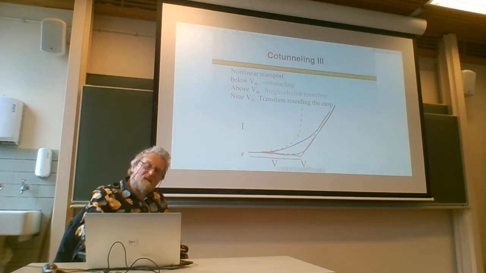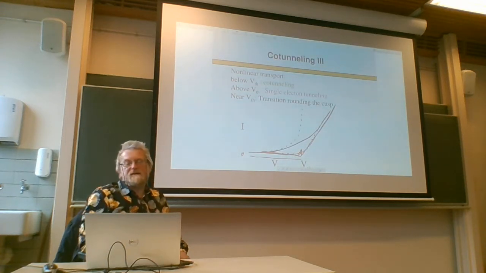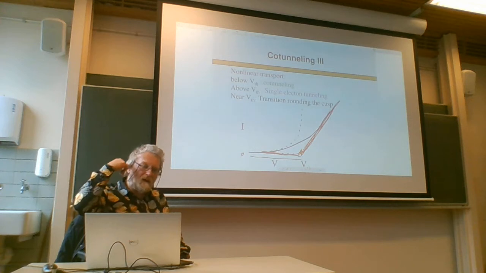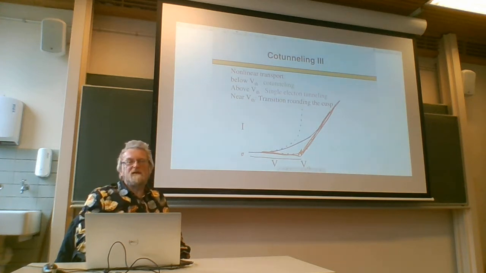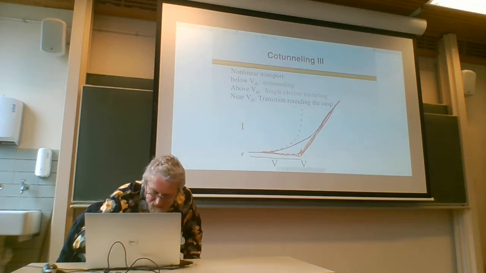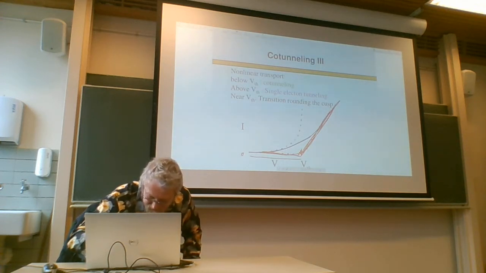No current up to the threshold, and then, well, it increases linearly. You remember these rates which are proportional to energy difference. You increase the voltage, you increase this energy difference. Very good. Co-tunneling would be this green curve.